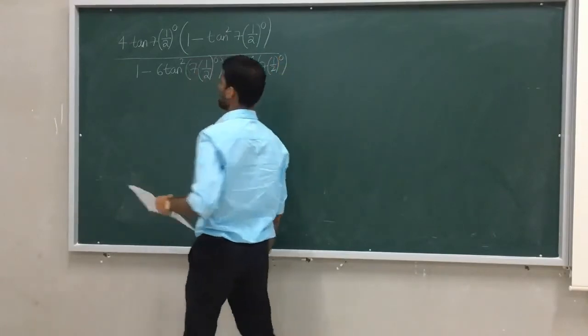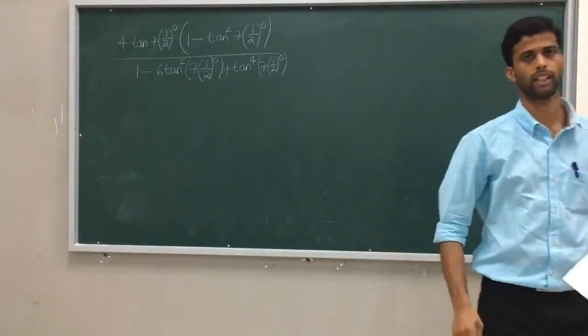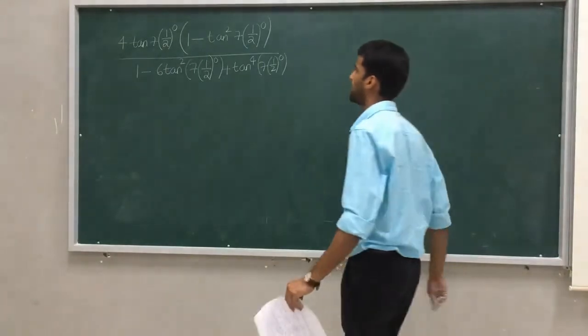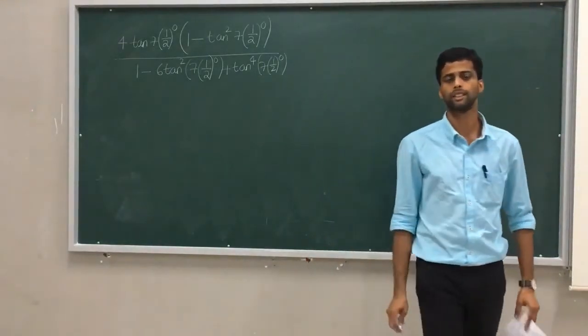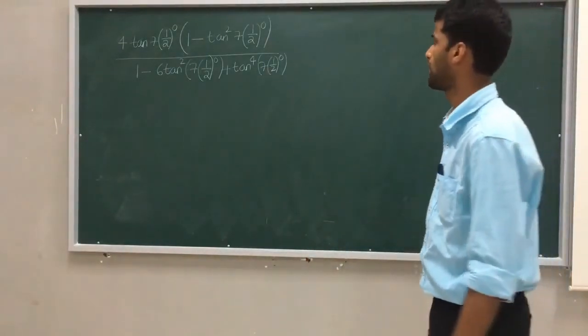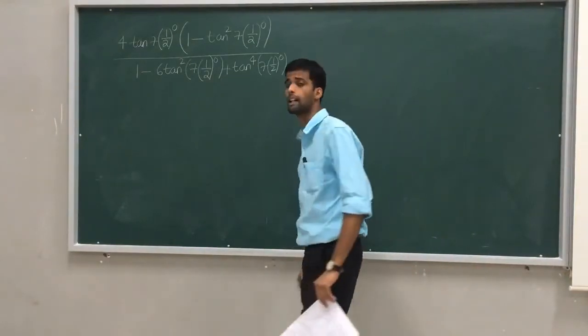Such a huge number it is, with a fractional angle 7.5 degree. We don't even know what tan 7.5 degree is, but they expect us to answer.